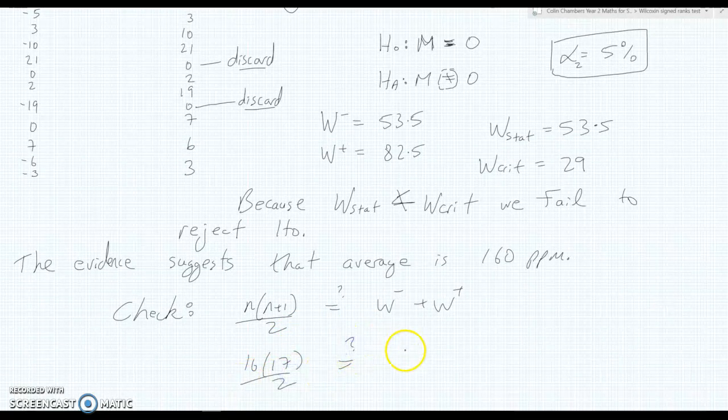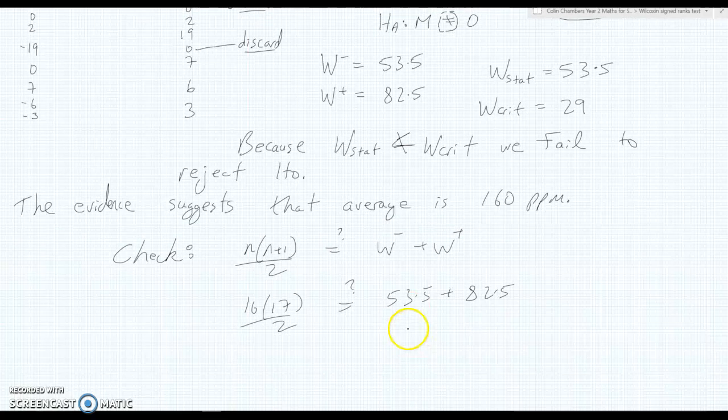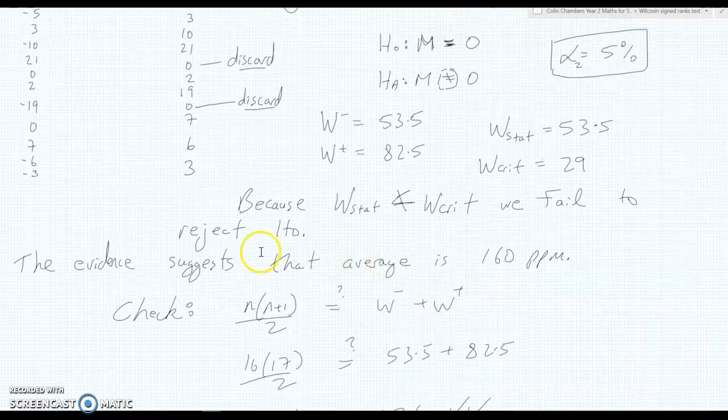Does that equal the sum of our W's, 53.5 plus 82.5? When we add those together, we get 136. And when you do out the left side, you get 136 as well. So that indicates that we've done things correctly. So we're failing to reject H0. And that's the procedure there.